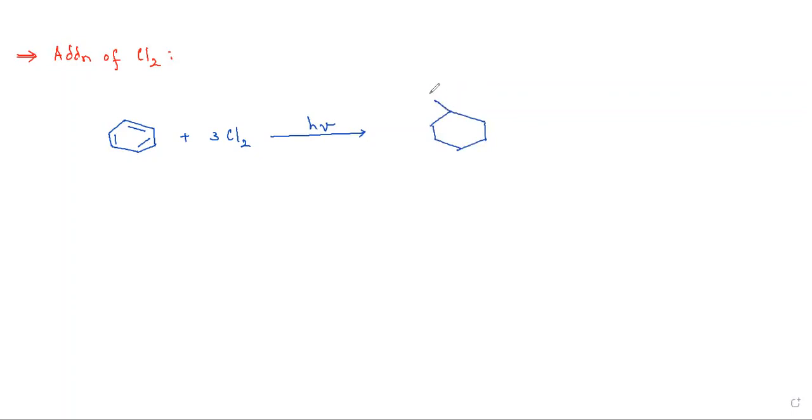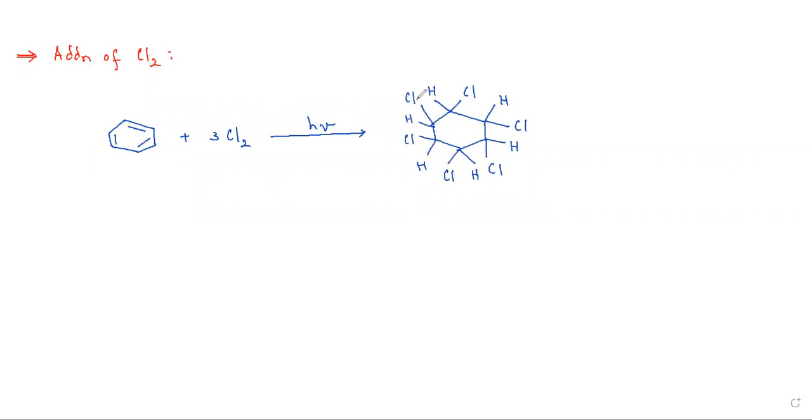You already have hydrogen at every corner of the hexagon. Now a chlorine gets attached. Right?